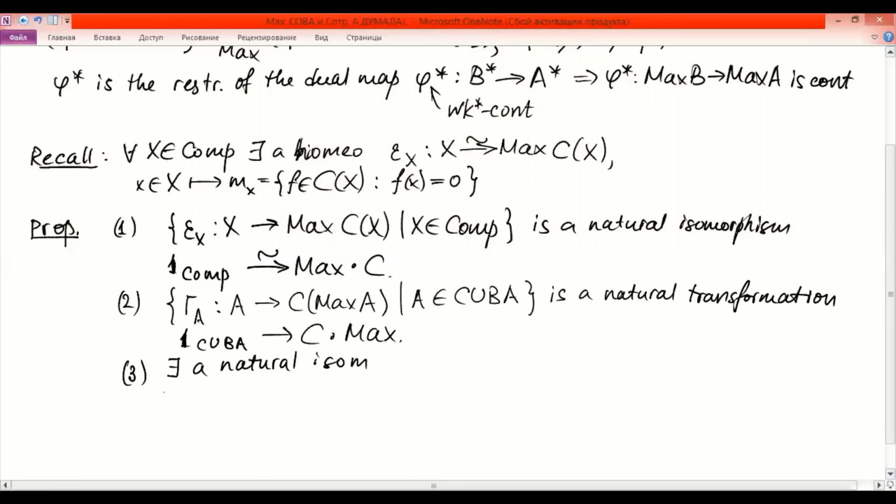First functor is the Hom functor in the category cuba from A to C of x, where x is a compact Hausdorff space. And the second functor is the Hom functor in the category comp from x to max of A.